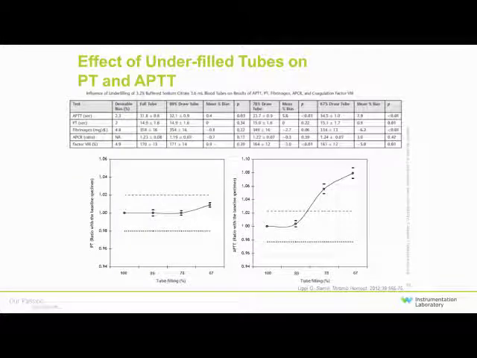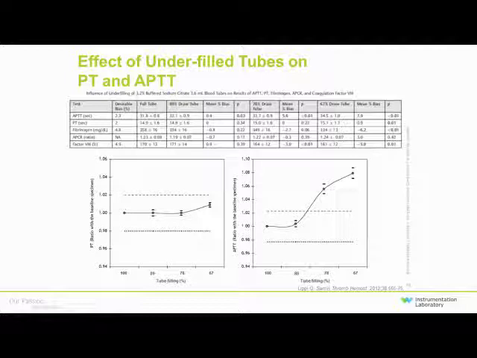This is data from a study that was published looking at 5 assays: the PTT, the PT, fibrinogen, activated protein C resistance, and factor VIII activity, and they collected tubes at full draw, 89%, 78%, and 67%. And so the assay that's most greatly affected is the APTT.